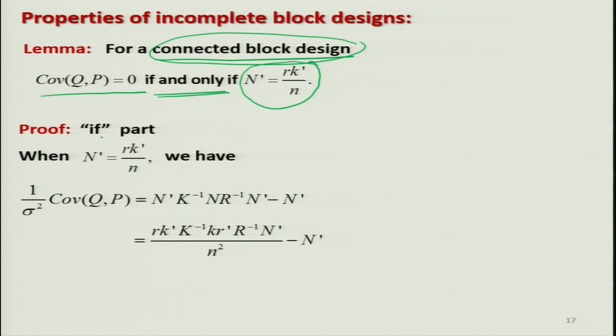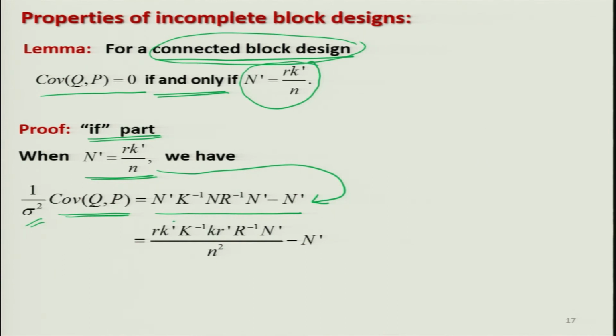So, now I consider this as a necessary and sufficient condition. First I consider the if part, that we assume that N transpose is equal to r k transpose upon n, and if you try to recall, you have just found the expression for the covariance between Q and P. So, we bring this sigma square to the left hand side, and the expression is like this, and you simply substitute N transpose equal to r k transpose upon n in this expression.